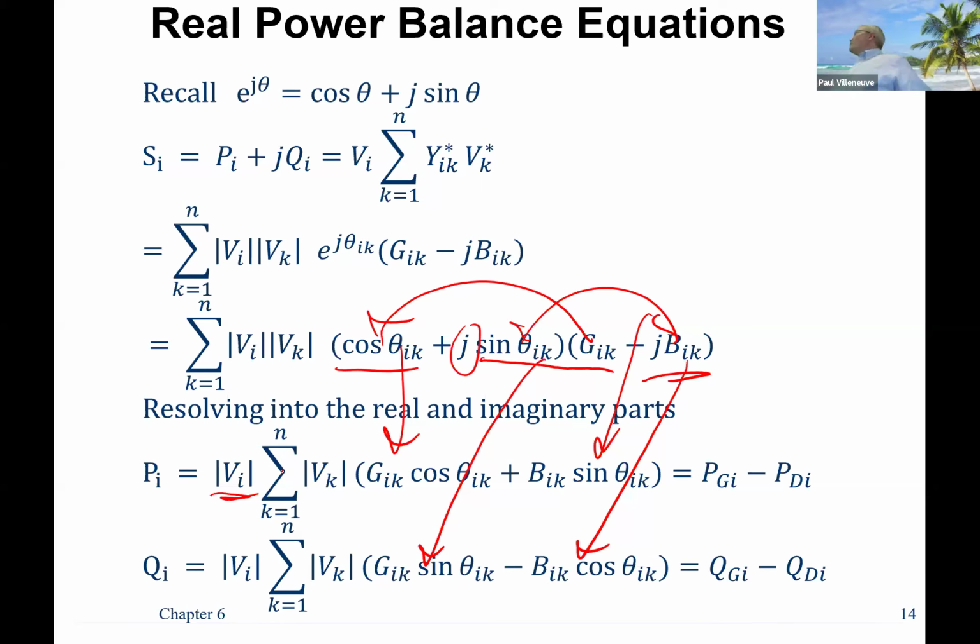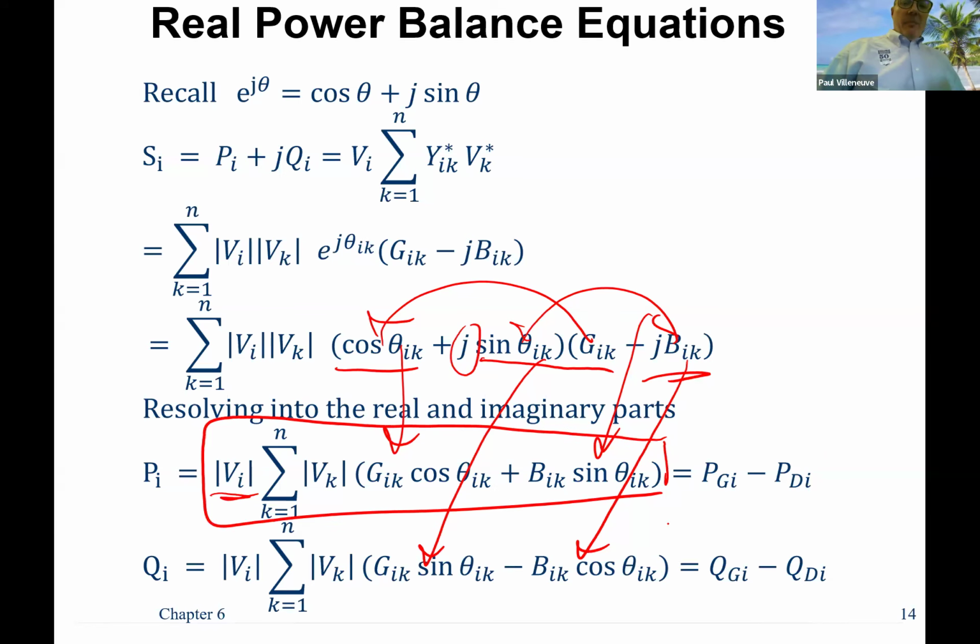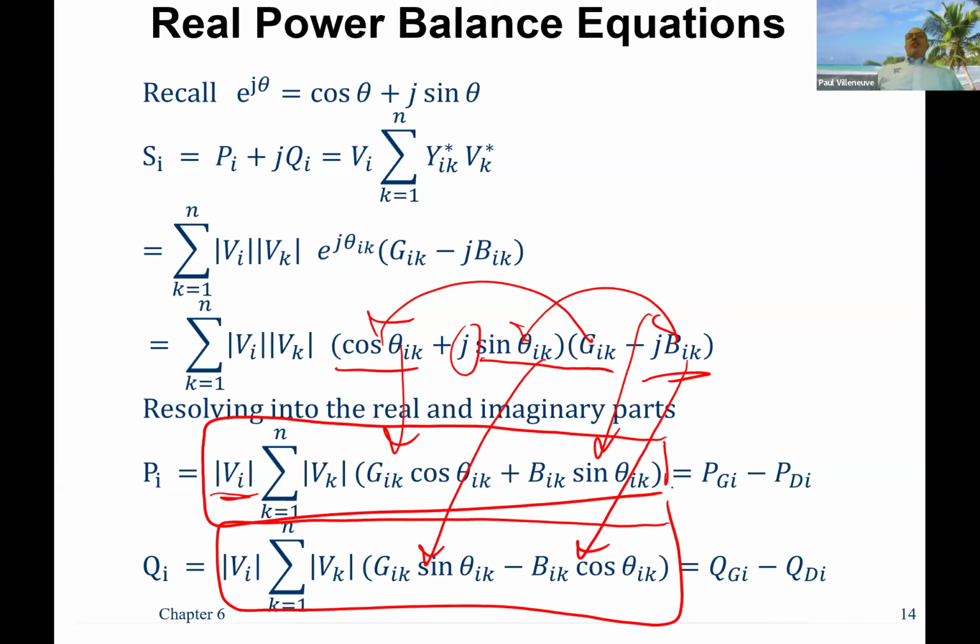If there's no connection between bus 1 and 4, then G and B are both equal to 0, right? There's no direct connection, so there is no current injection there. So that is why we use a summation. It works really, really well. We do that for P and Q. And this here is the real power injection and the reactive power injection.